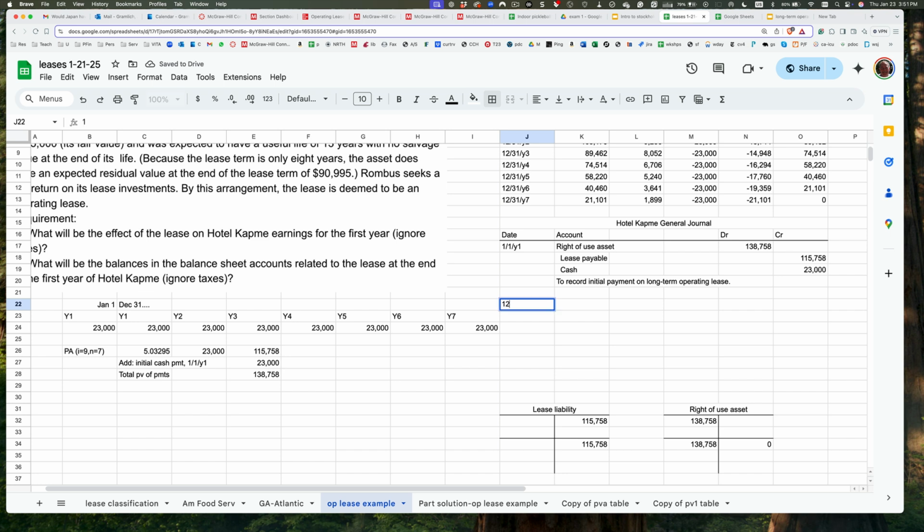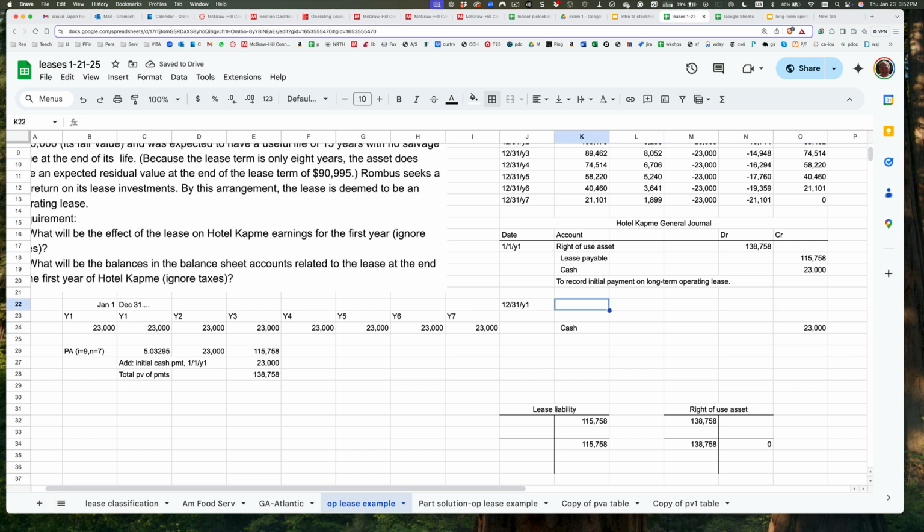At 12/31 year one, we're going to have a payment, cash, and that's going to be for 23,000.